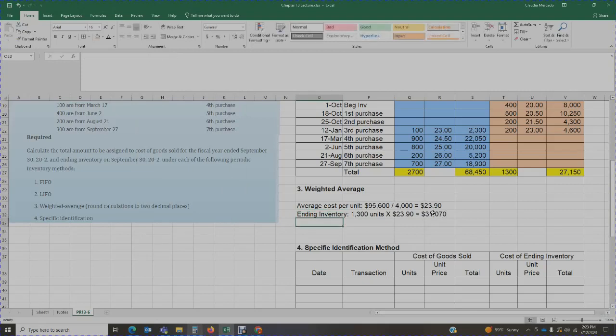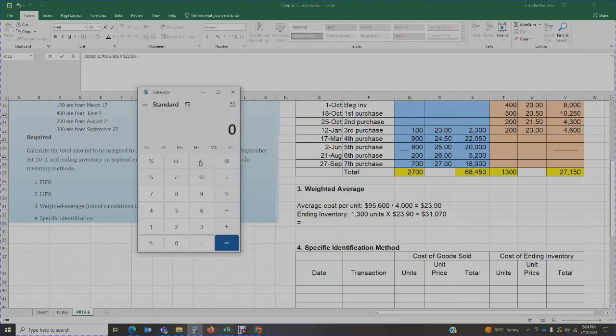And then we can calculate our cost of goods sold. So we have 2,700 units that have been sold, and we're going to multiply that by my average cost per unit of $23.90. 2,700 times $23.90.